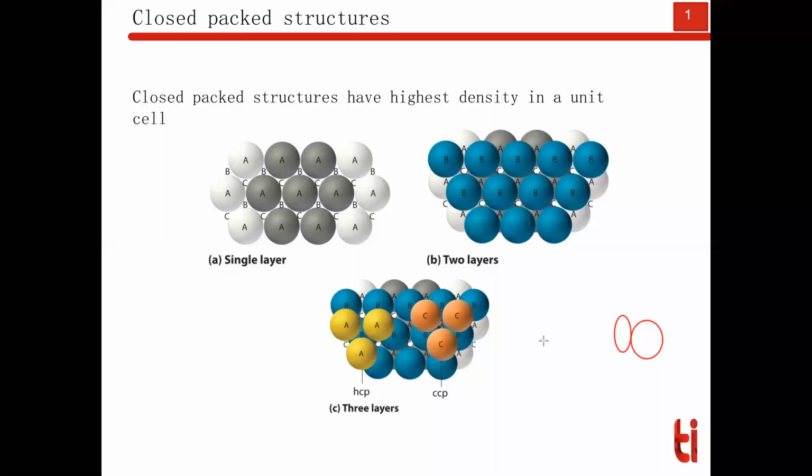Please bear with the exact dimensions, because here it is difficult to make exact dimensions.